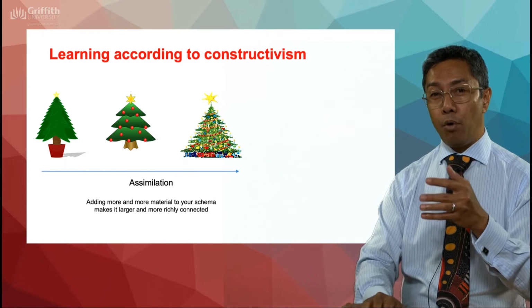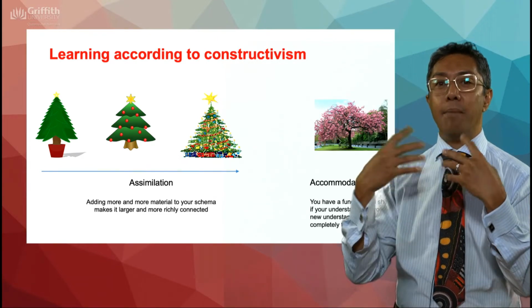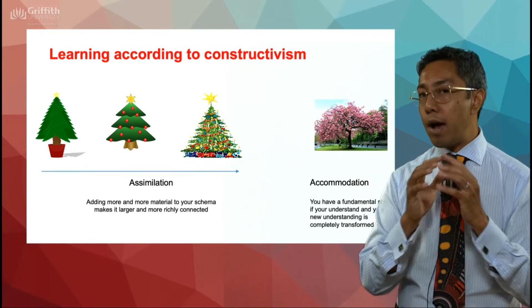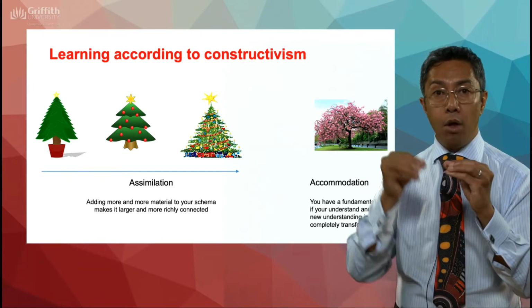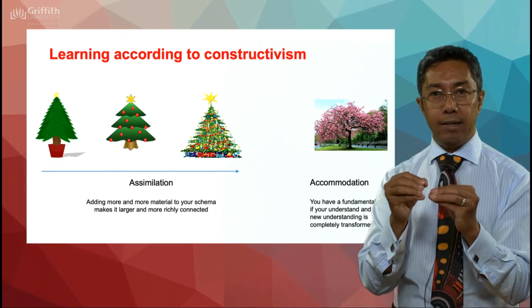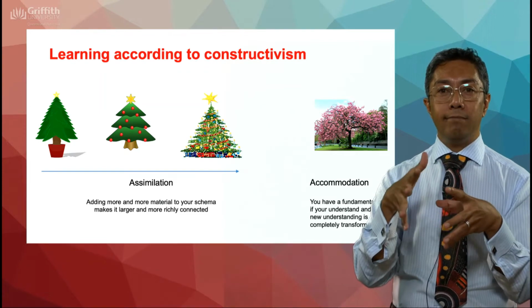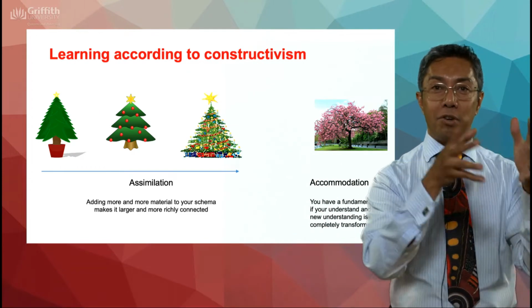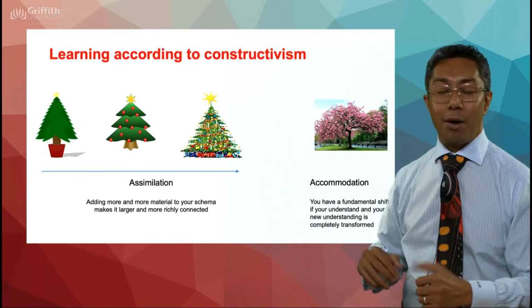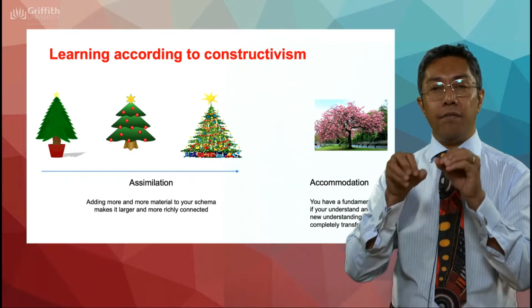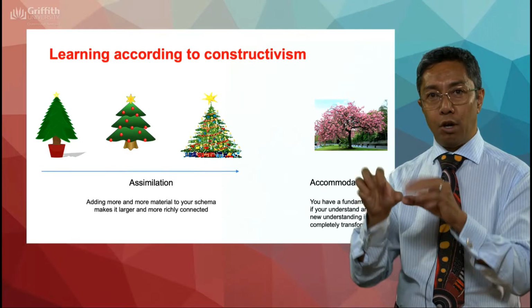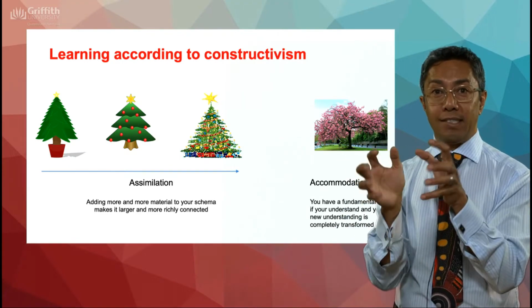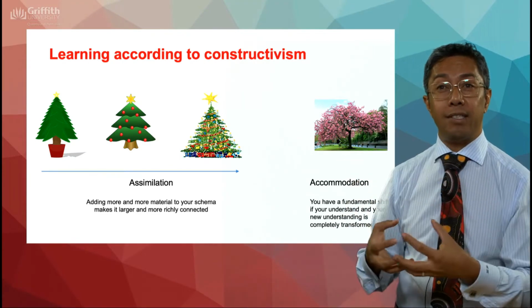Eventually there'll come a point where you have that aha moment, where there is a radical reorganization of how those ideas fit together, and it's virtually that the Christmas tree changes into a completely different tree. So it goes from a Christmas tree into, say, I don't know, a peach tree, for example. There is a fundamental shift in terms of the nature of that schema, of the way that the various things hang together.